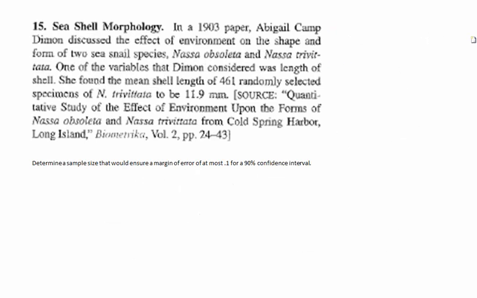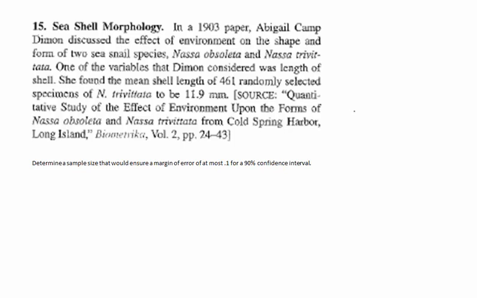In our next example, we have, in a 1903 paper, Abigail Camp Diamond discussed the effect of environment on the shape and form of the two sea snail species. One of the variables that Diamond considered was length of the shell.